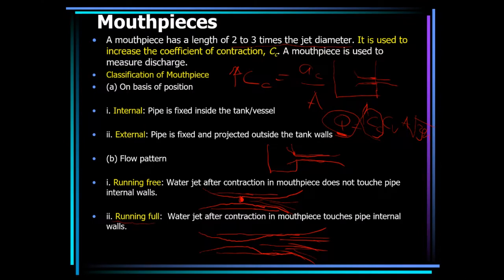The coefficient of contraction here is higher because the water jet now fills all the space of the mouthpiece as it is coming out. Is that clear? So the flow rate in the second case will be higher than in the first instance. So running full is better than running free. This is the classification based on the flow pattern.